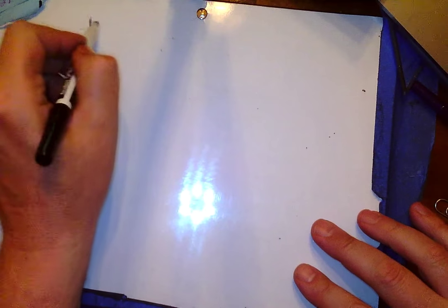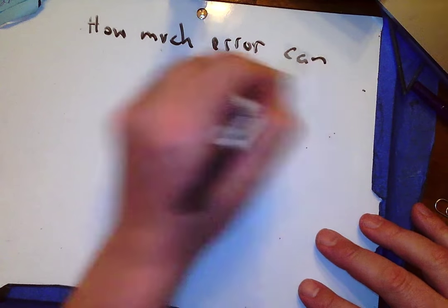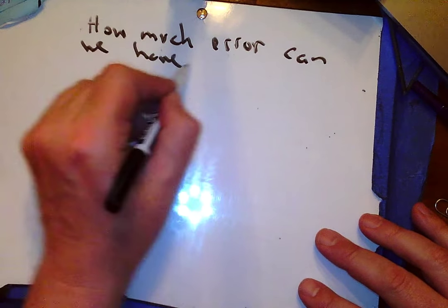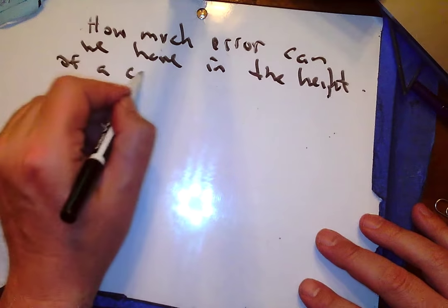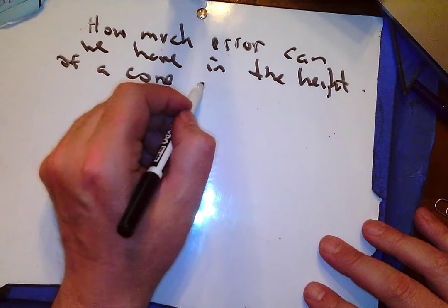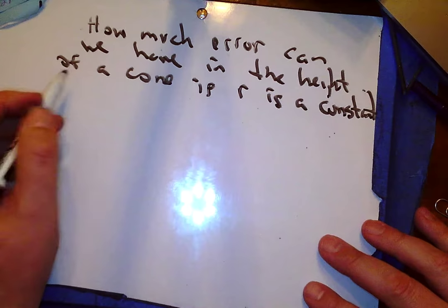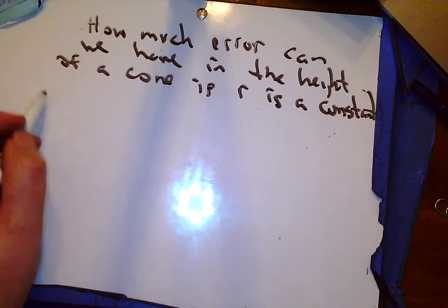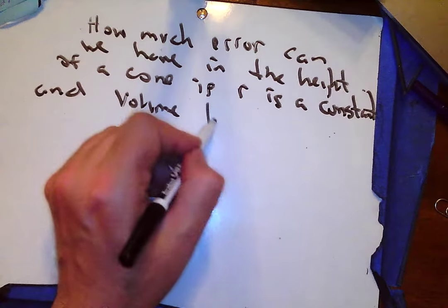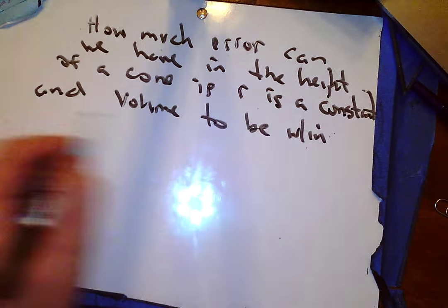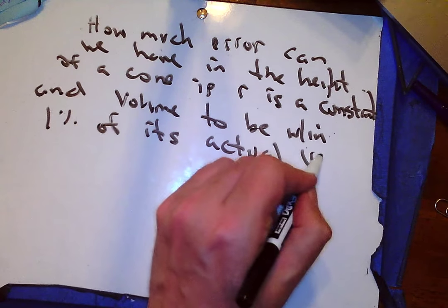So how much error can we have in the height of a cone if r is a constant and we want volume to be within 1% of its actual value.